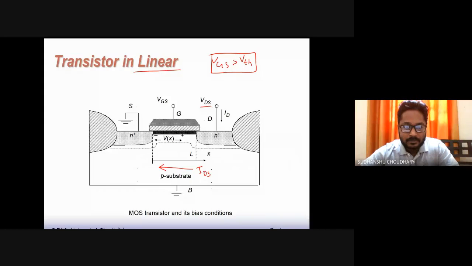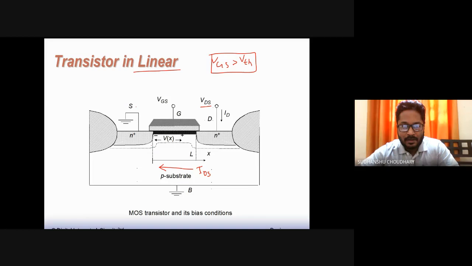Now the channel here, the potential of this channel is not fixed, not constant. It keeps changing as you move from the source side, that is from this point, to the drain side. Let us say the channel potential is Vx. So this Vx varies as you move from source to drain.